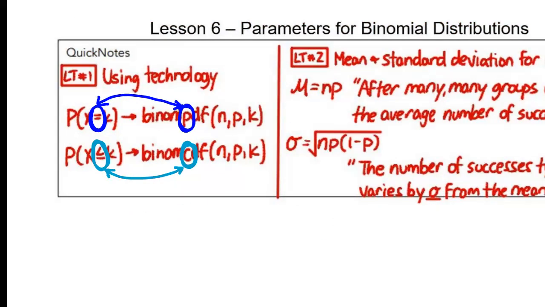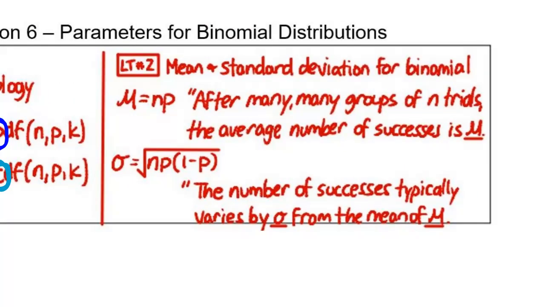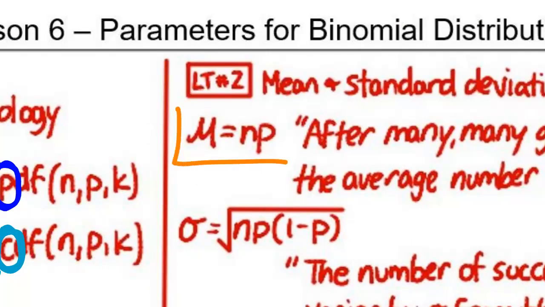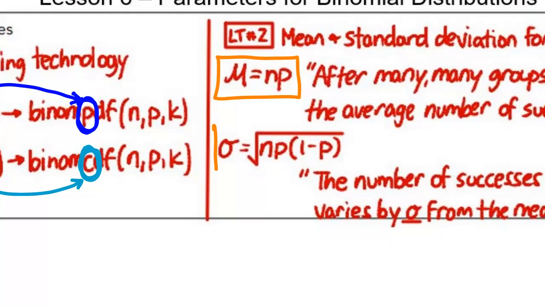It has to be a less than or equal to to use binom CDF. For mean and standard deviation for the binomial, we do n times p. For standard deviation, the square root of n times p times 1 minus p.